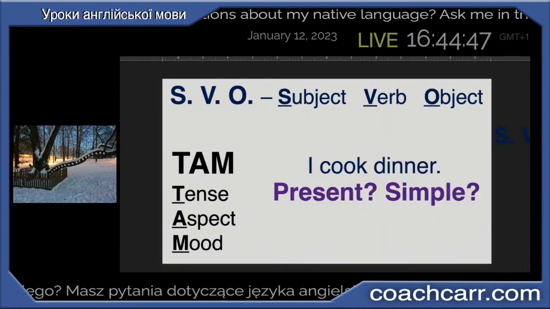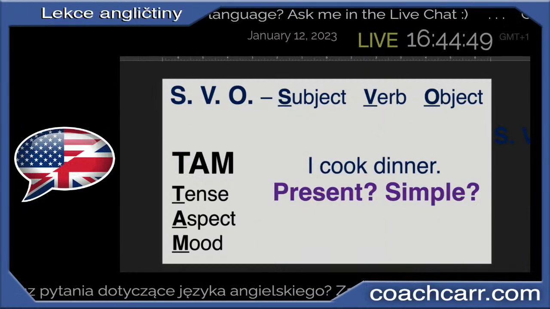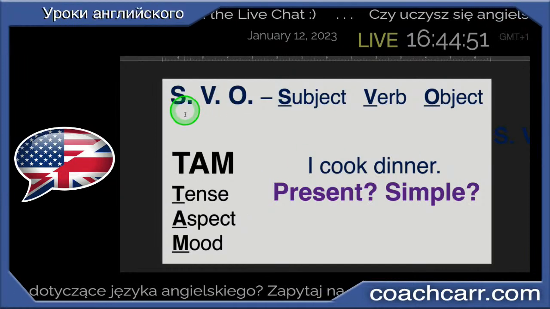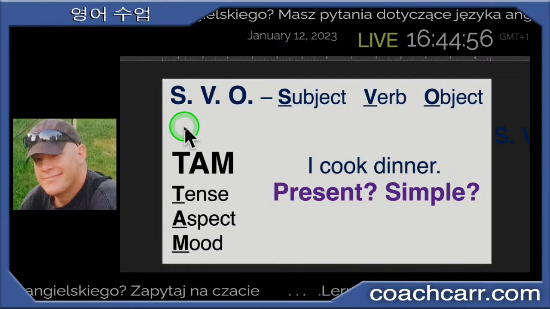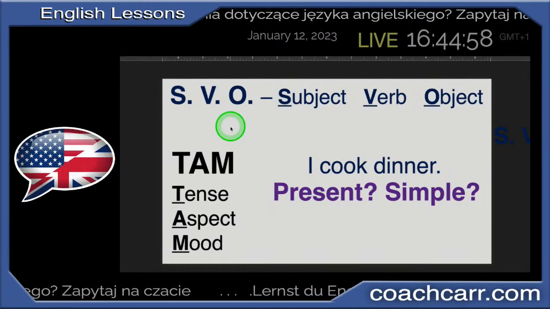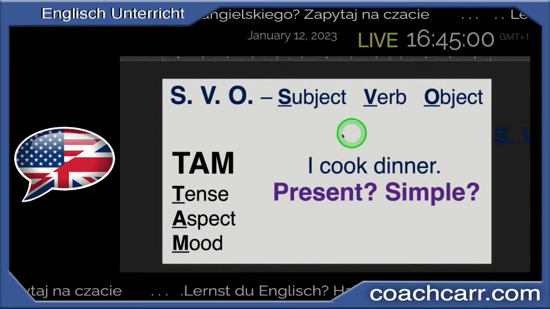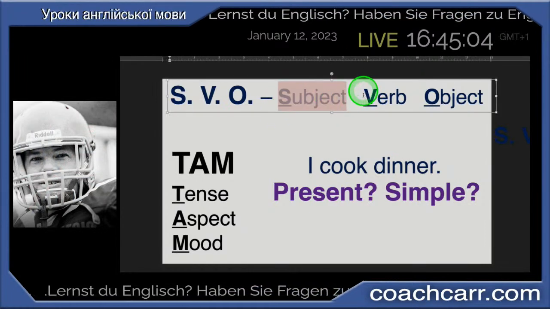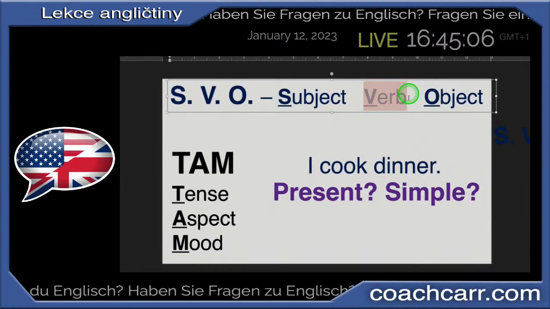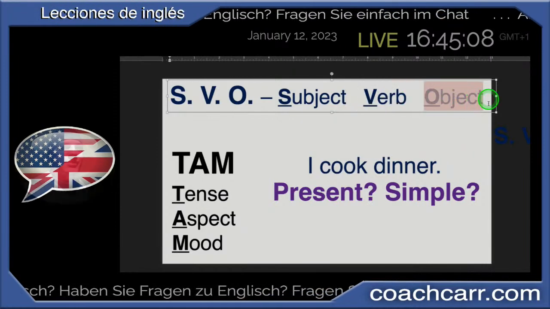Let's look at the present. If we want to stay with this sentence structure right here, subject, verb, object, SVO. One word for this, one word for this, and one word for this.